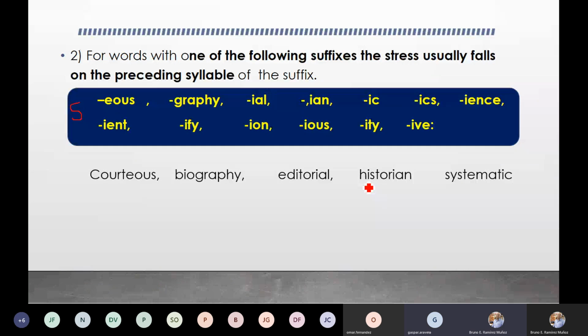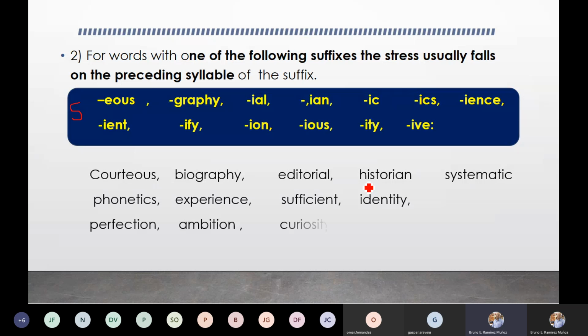From this box, the blue box, you see yellow words, which are basically suffixes. You need to choose 5 suffixes from this box, and you have to come up with words that are not the ones that I have below.